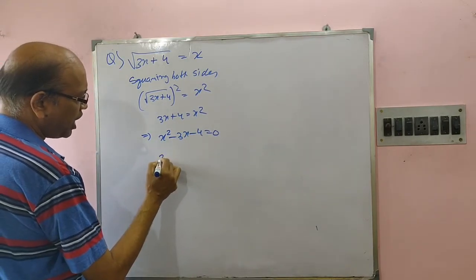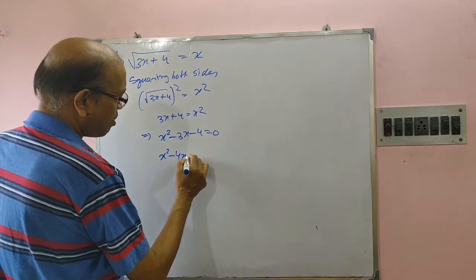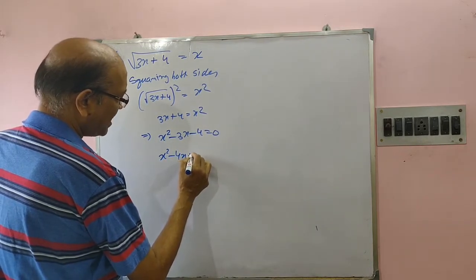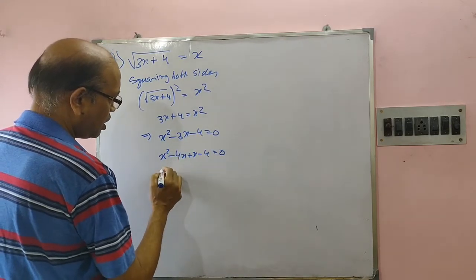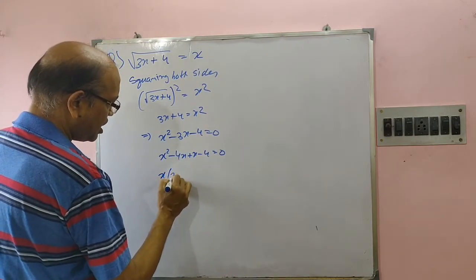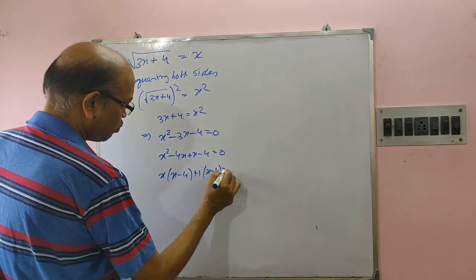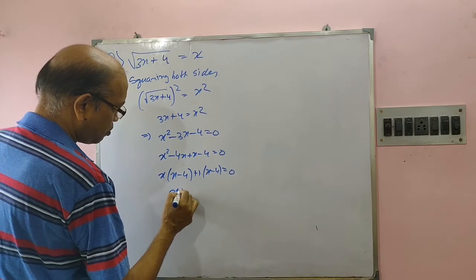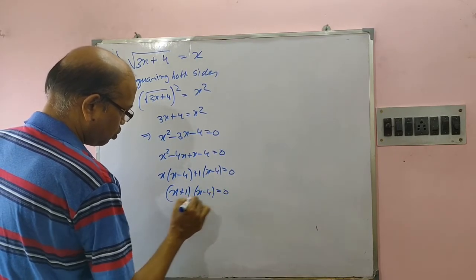Now we solve this. This will be x square minus 4x plus x minus 4 equals 0. Factorizing, I get x, (x minus 4), plus 1, (x minus 4) equals 0. Therefore x plus 1 or x minus 4 equals 0.